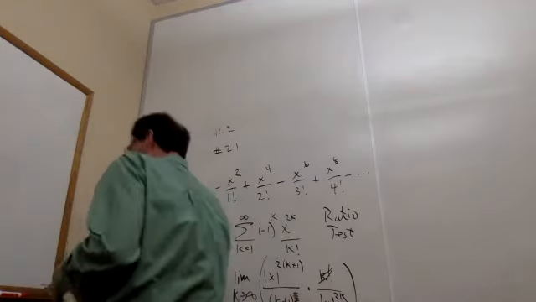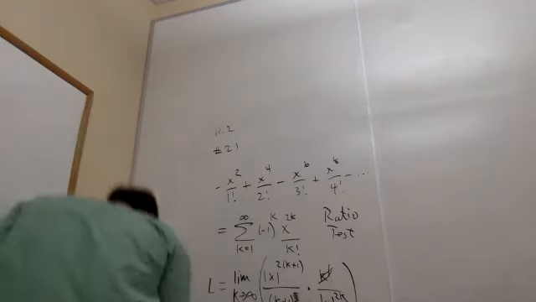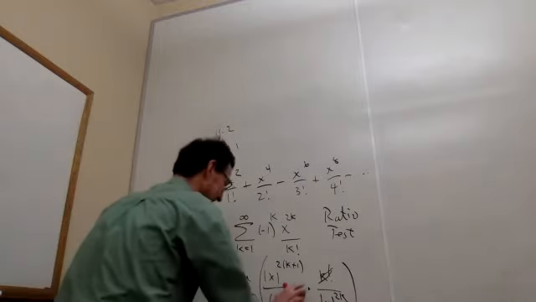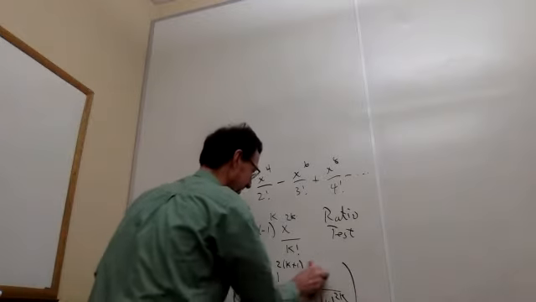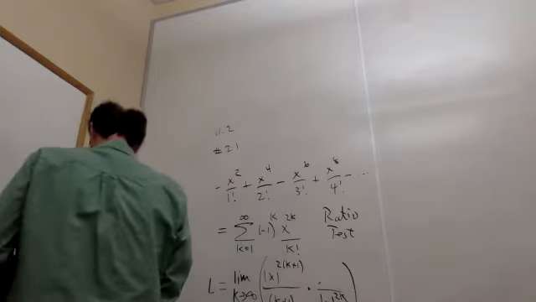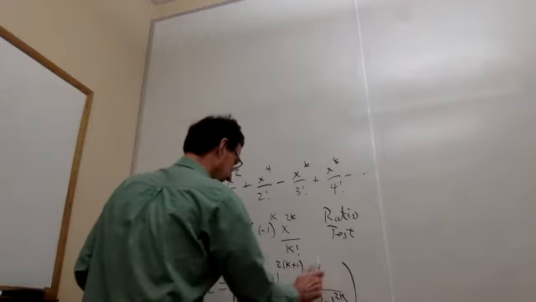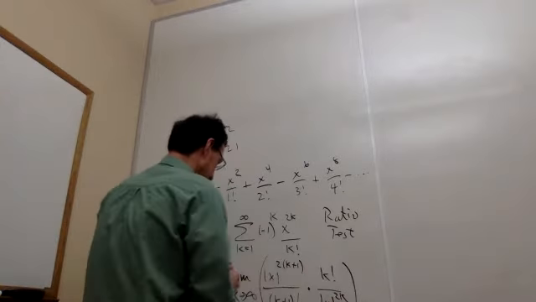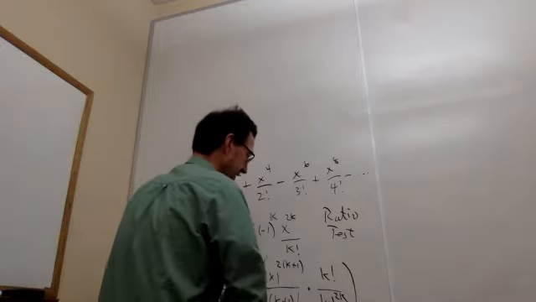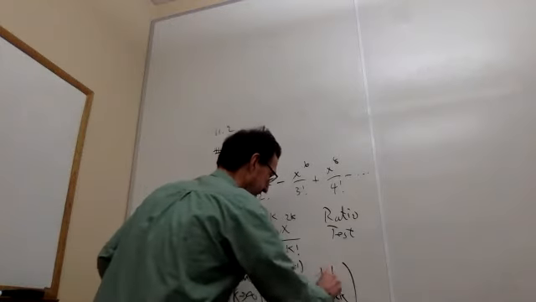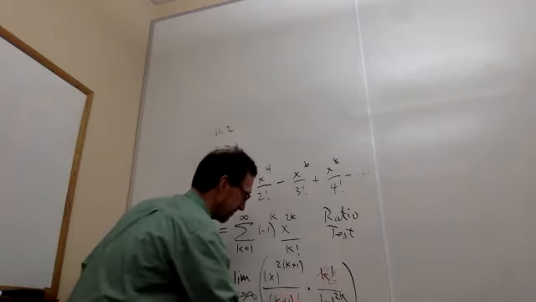Maybe I should do it in red so we can see the transition a little bit better. So this factorial cancels everything here except the k plus 1.